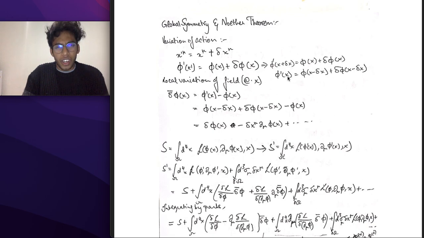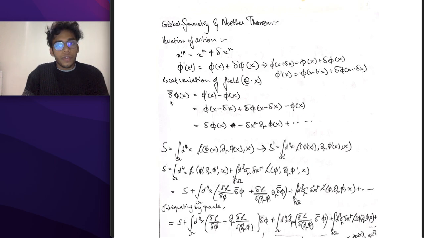This is something I struggled with, understanding how you have your x plus delta x that is changed to x, because x plus delta x is really just a dummy position, right? You can just convert it back to x.